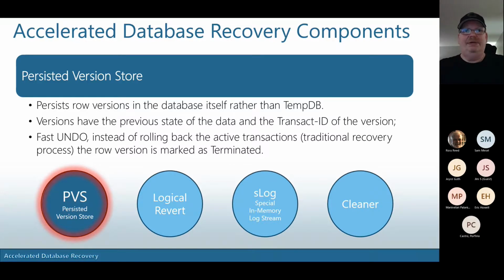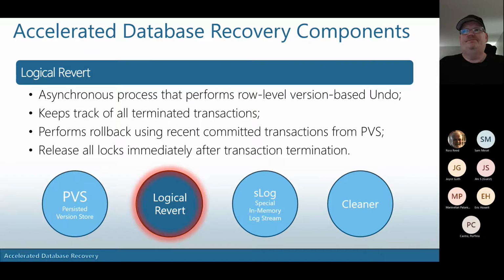My next component is the logical revert. This is the process that keeps track of all the aborted transactions. It's an asynchronous process that performs row level version based undo. So the persistent version store is what's storing the row versioning. The logical revert is what's actually doing the undo.